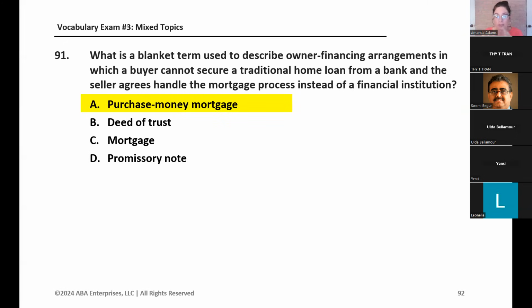It goes by a lot of different terms. It just depends on what arrangements you have with the owner slash seller. So just remember, all of that falls into that category. It's a catch-all for all of that. So purchase money mortgage, land contract, contract for deed, installment contract, rent to own, owner financing, seller financing. It's all in that catch-all.